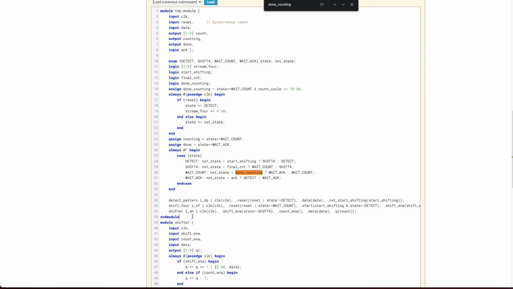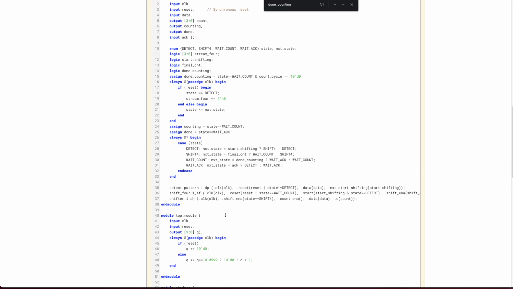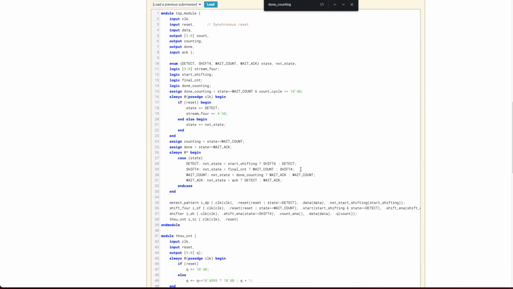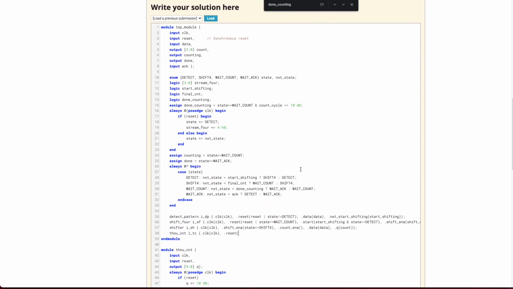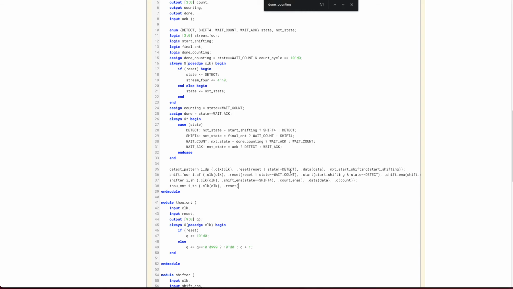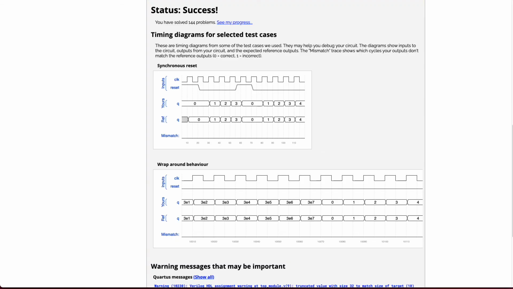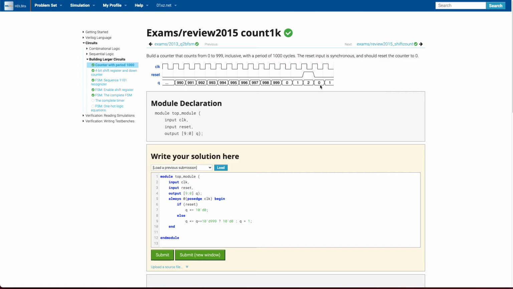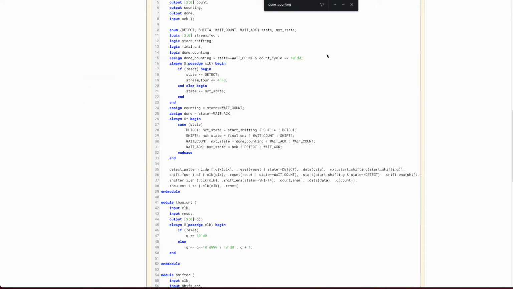I guess I don't need this anymore, so basically I want to (0 to 99) a cycle after reset.